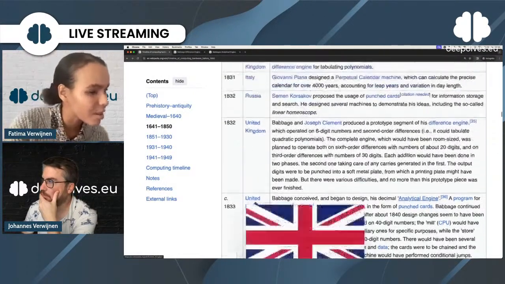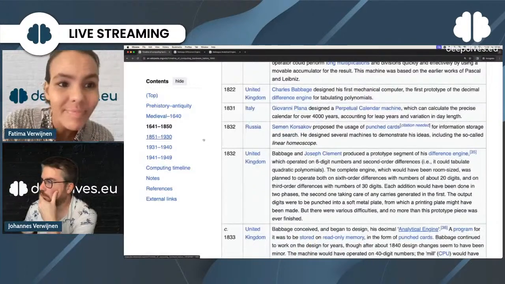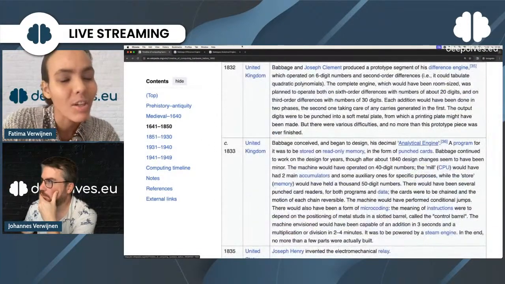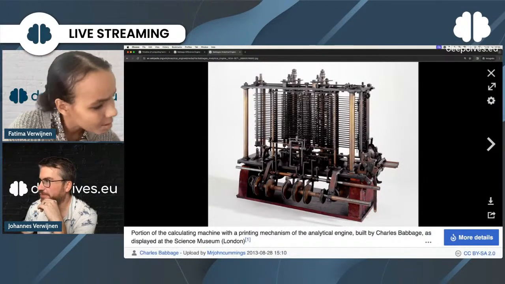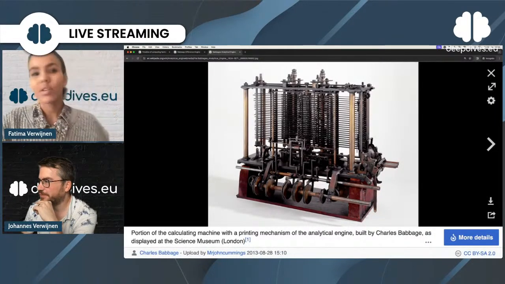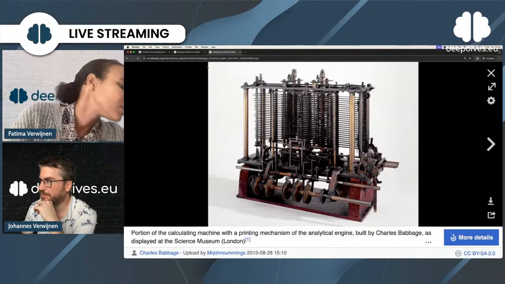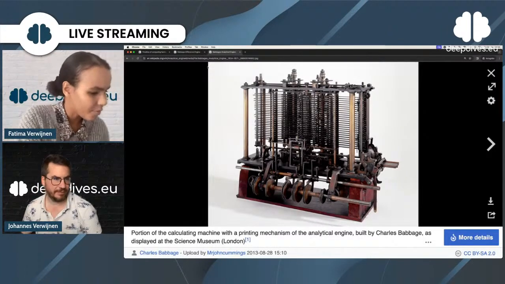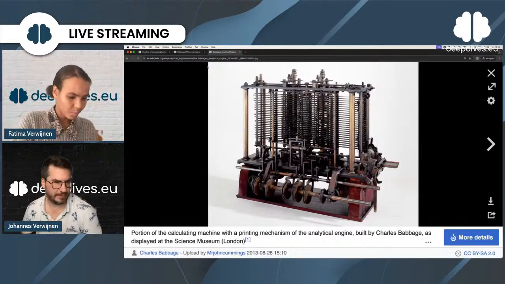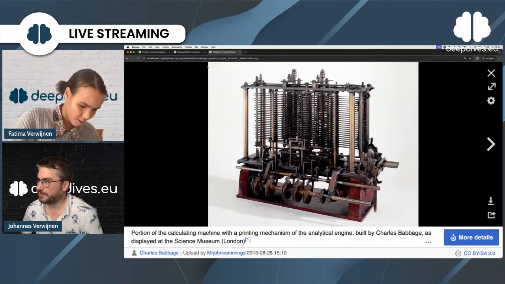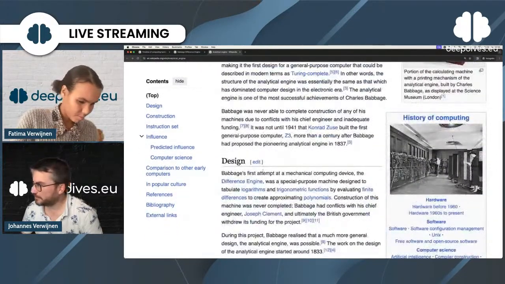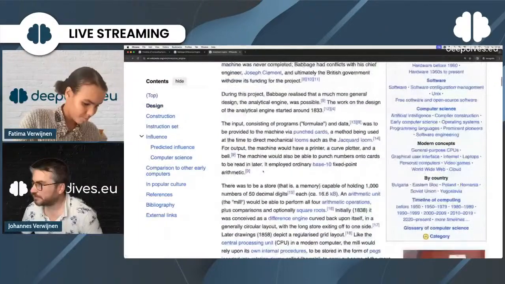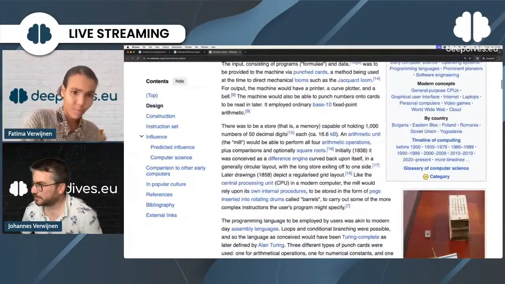And I have to mention, its CPU, central processing unit, is actually called the mill, and it was 15 feet long, I think. Let me check. Which is really cool.